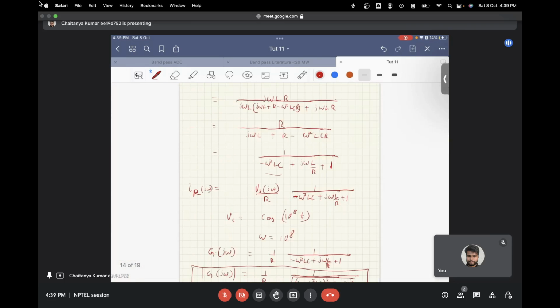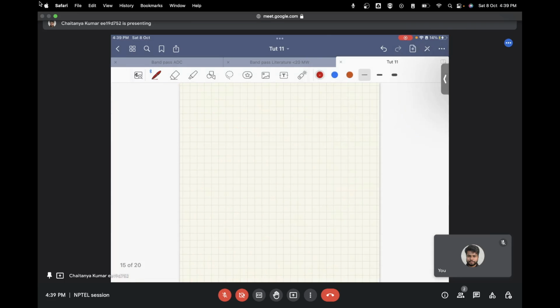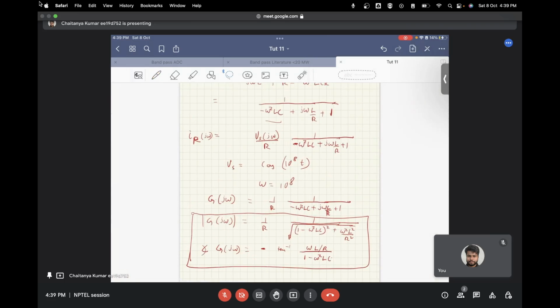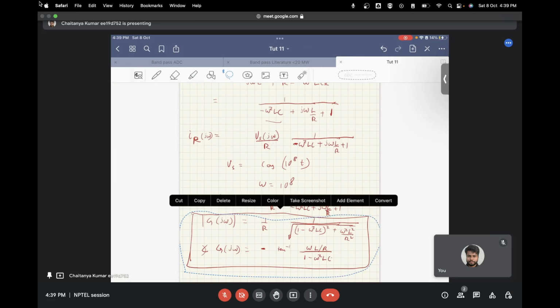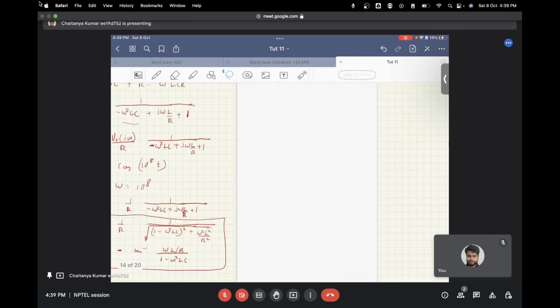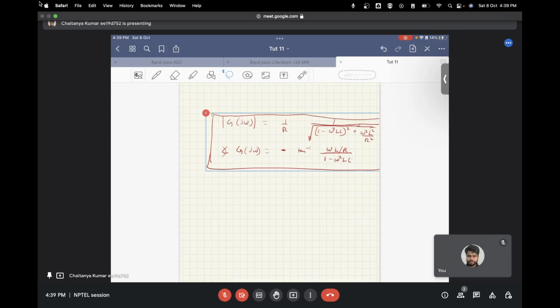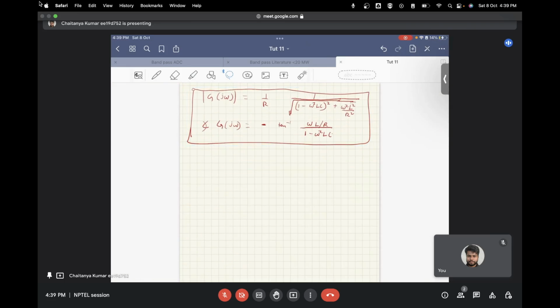So now again let's paste this result that we got. The value of omega is 10 to the power 8.